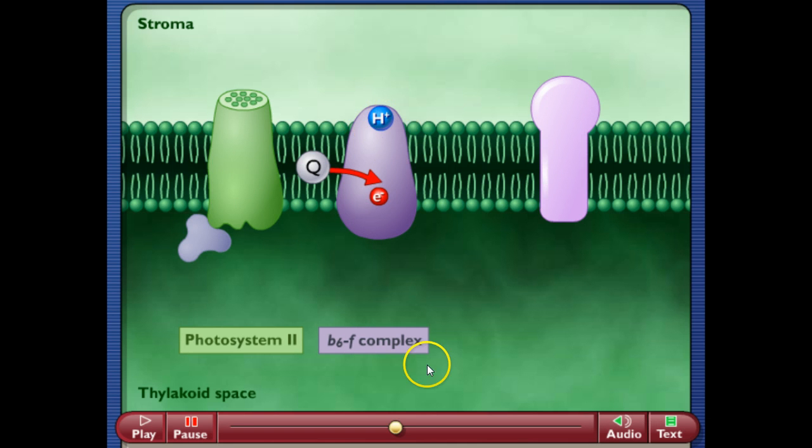Here they are. All right, they were outside, see? Now the B6F is going to pump protons or hydrogen ions into the thylakoid space. So in step 4, B6F pumps hydrogen ions into that thylakoid space.